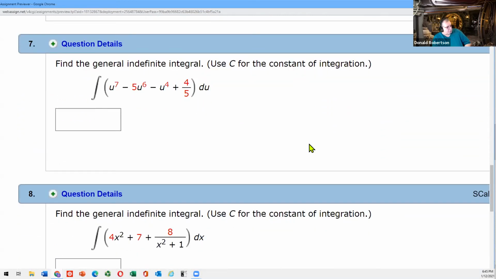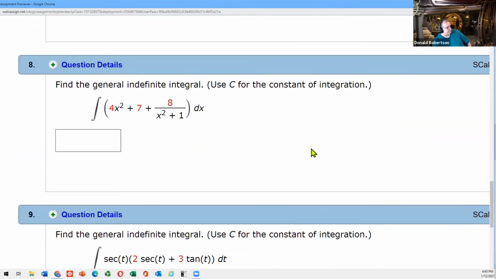Would you agree that this one is so straightforward, you might talk yourself out of the right answer? Isn't this power rule good to go? Don't need to do a darn thing. You agree? Power rule, just a variable u, I guess. 4x squared is a power rule, and so is plus 7.